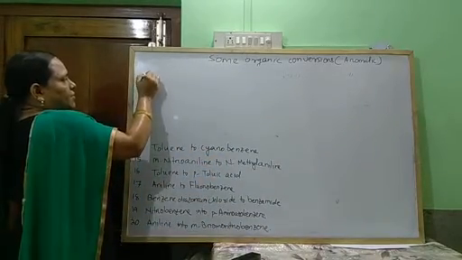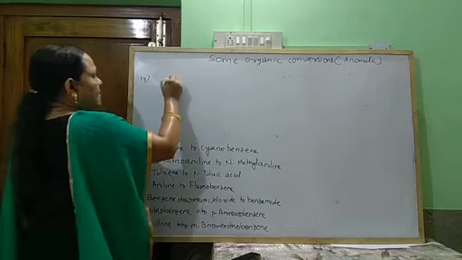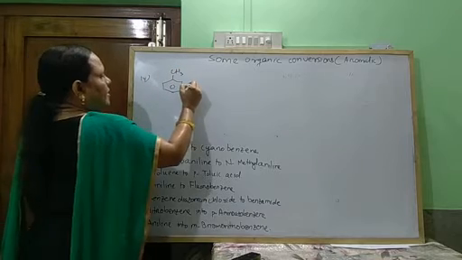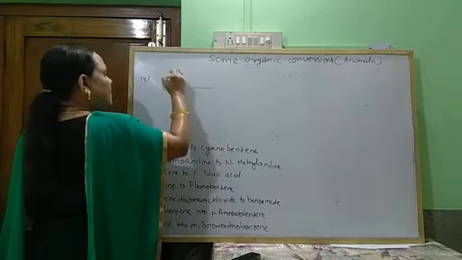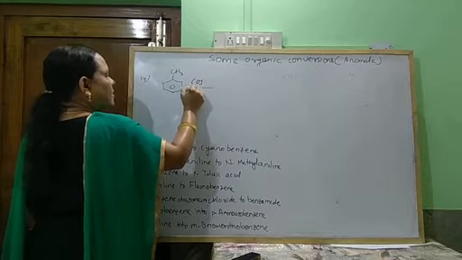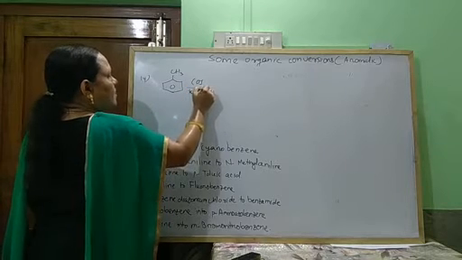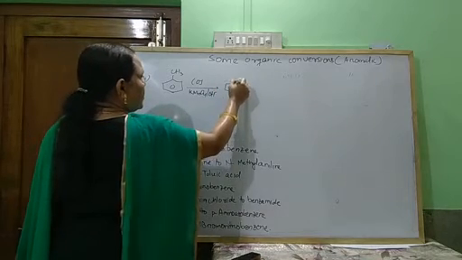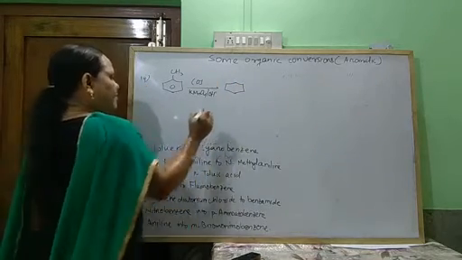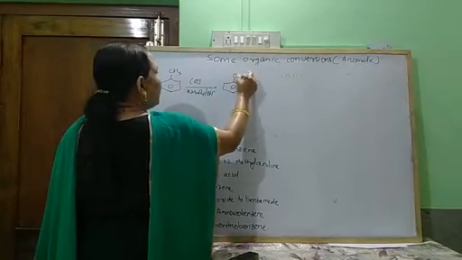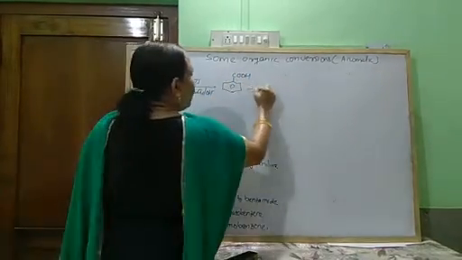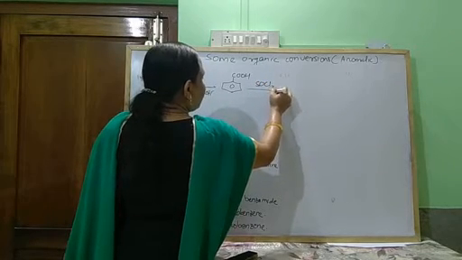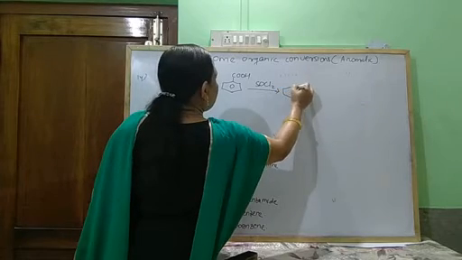Question number 14. Toluene to cyanobenzene. This is toluene, when it undergoes oxidation in presence of potassium permanganate in alkaline medium, what it forms? Benzoic acid. Then treated with, suppose, thionyl chloride or phosphorus pentachloride.